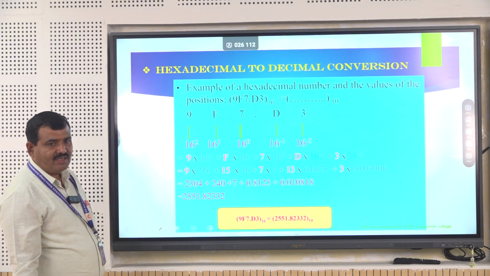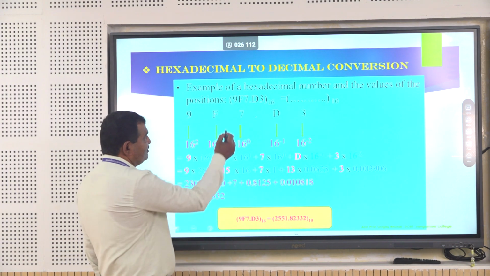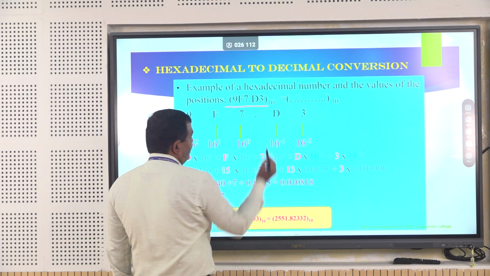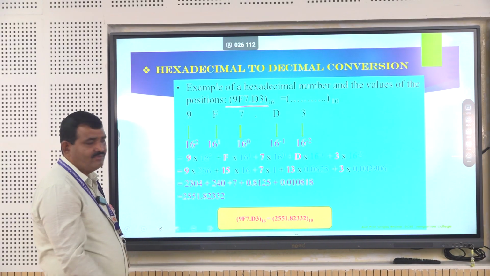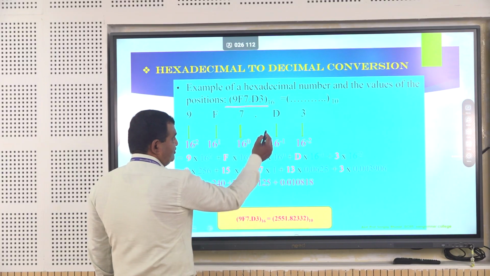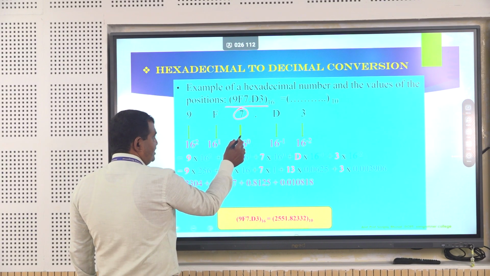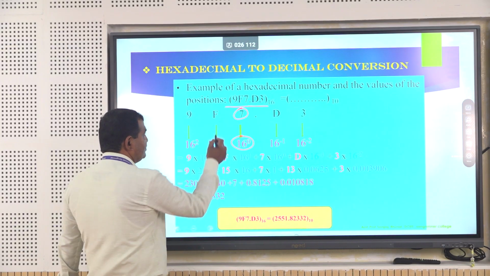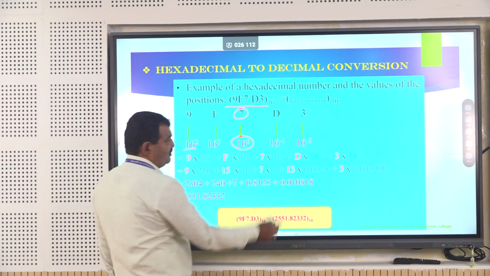The next example of hexadecimal to decimal conversion is 9F7.D3. This hexadecimal number is to be converted into its equivalent decimal. So, 9F7.D3 has positional value 7 as 16 raised to 0, F as 16 raised to 1, 9 as 16 raised to 2.